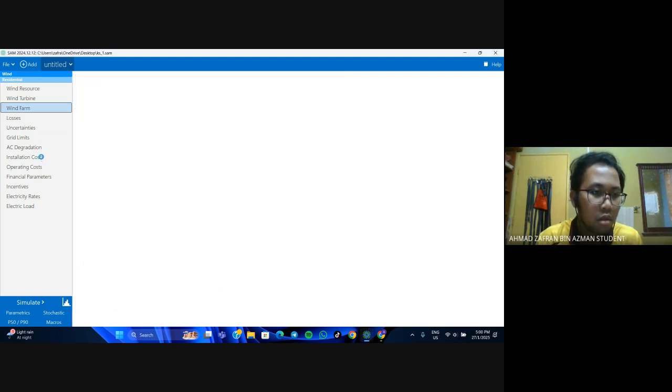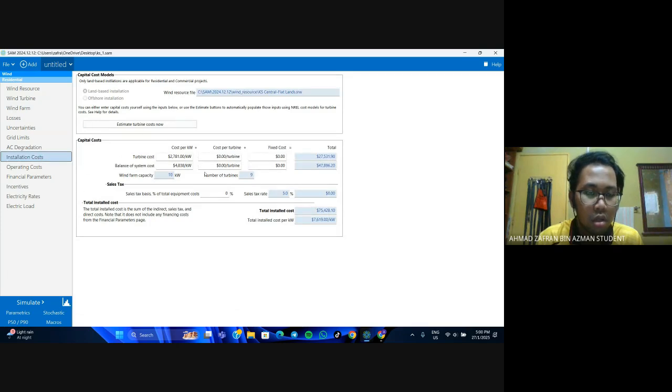For installation cost, the estimate here is that the turbine cost for each one is 27,000. After summing all with the balance of system cost, the total will come to $75,428.10.